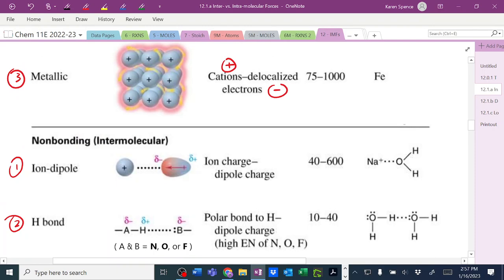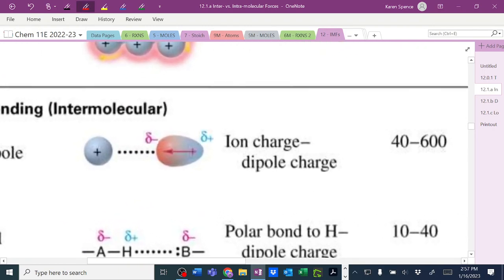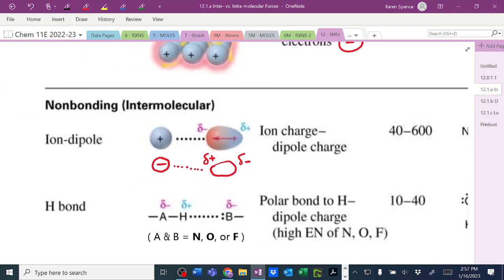Ion dipole. Can you see how if you have a cation, it's attracted to the negative end of the dipole? What if we had a negative ion? It would be attracted to the positive end of the dipole. The one that's kind of complicated is hydrogen bonding.